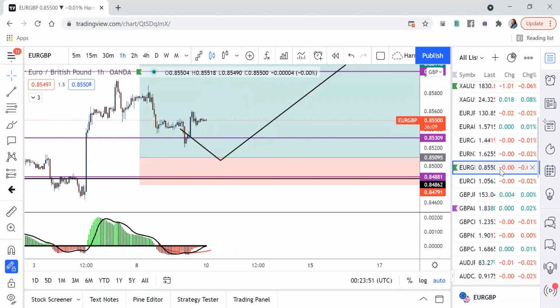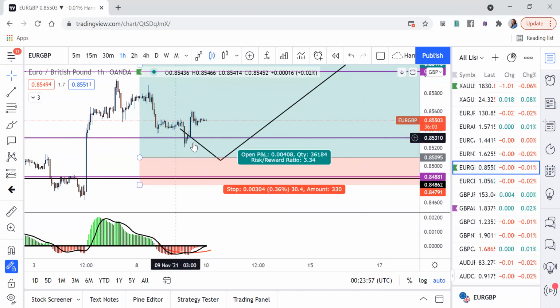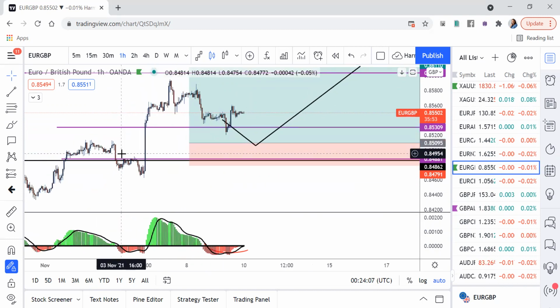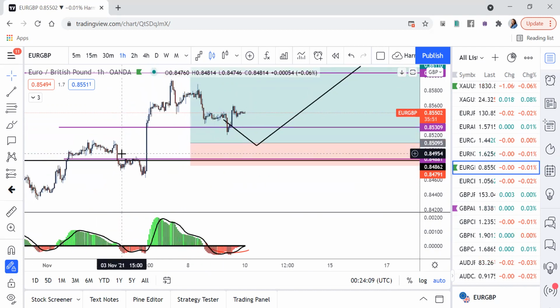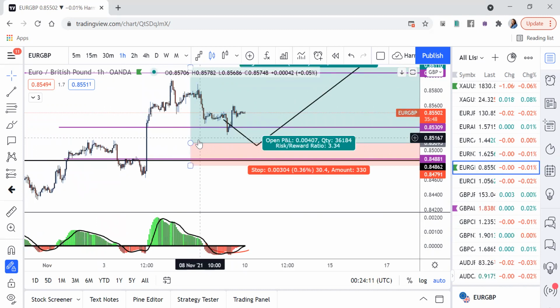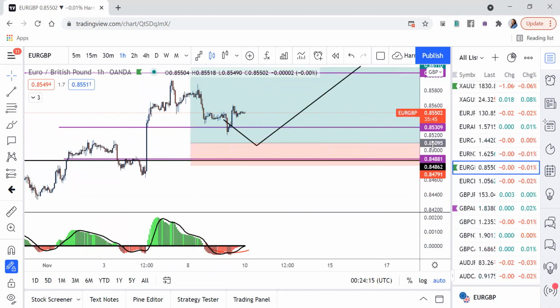And then Euro GBP. I had Euro GBP coming into this zone, into my imbalance zone, yesterday or earlier today. But for me, it wasn't at my entry. I have my entry at 0.85095.